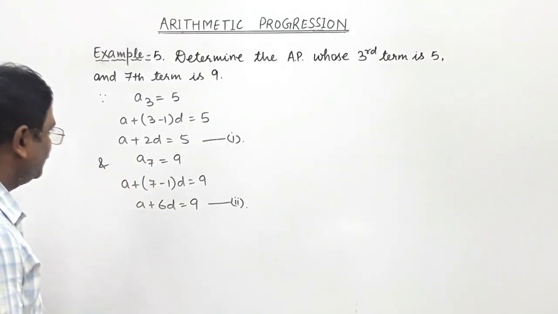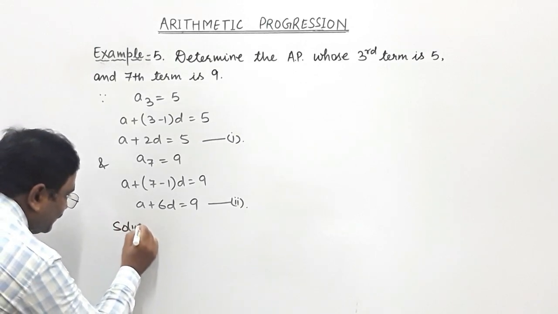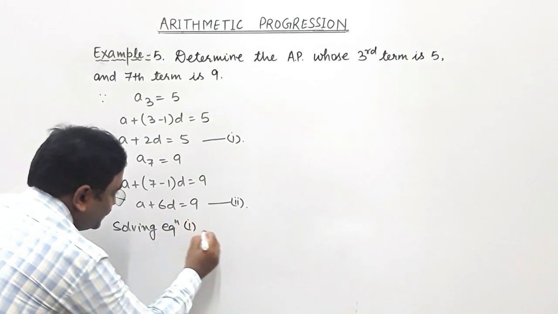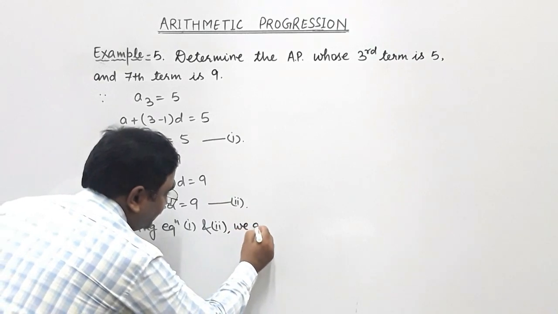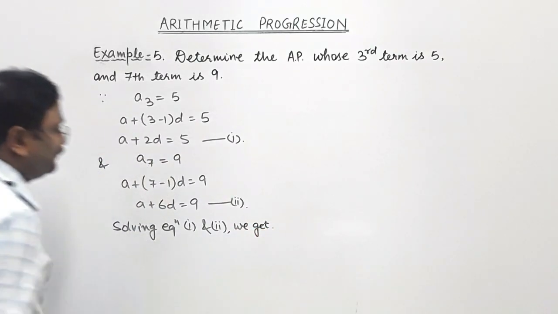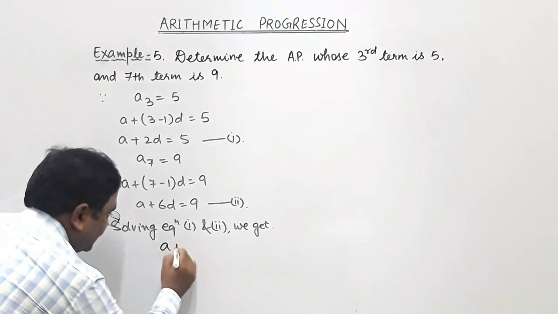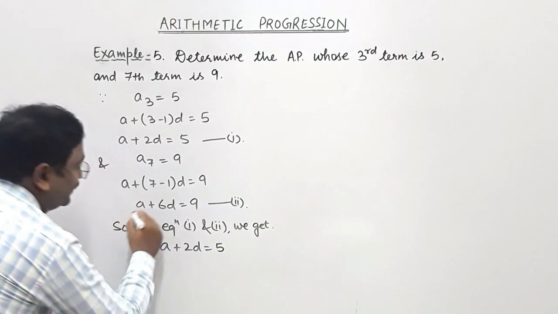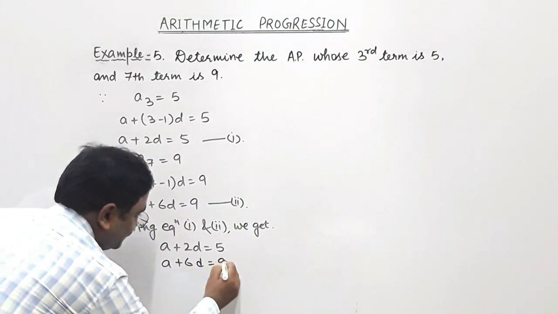So let us solve. Solving the first and second equations, what will we get? The first equation is a plus 2d is equal to 5, and the second one is a plus 6d is equal to 9.